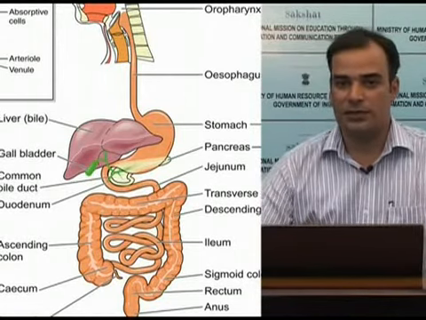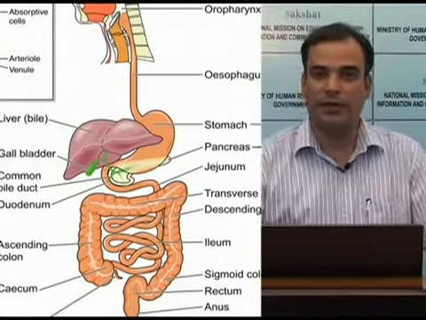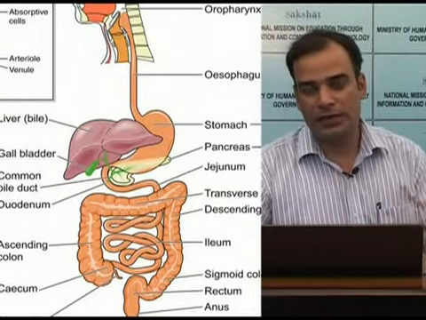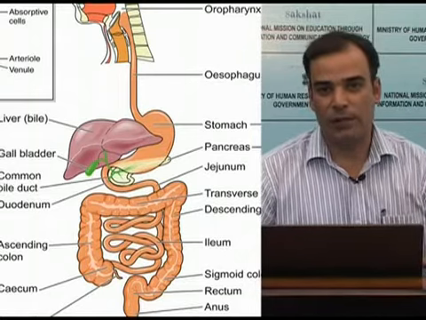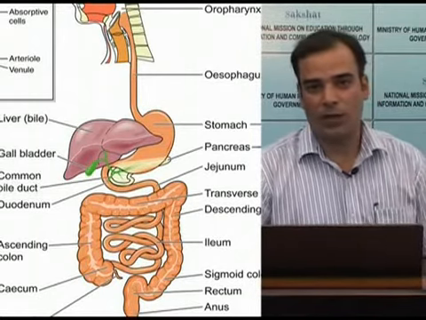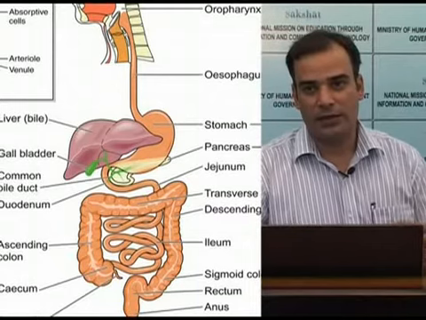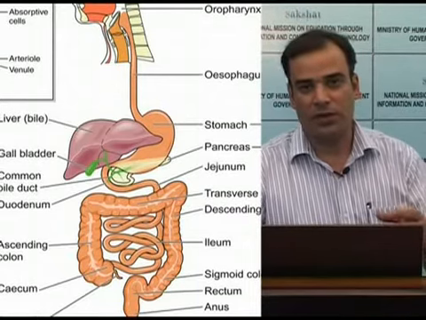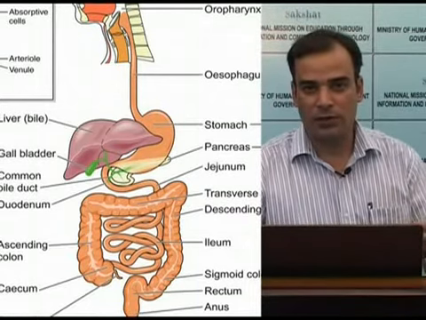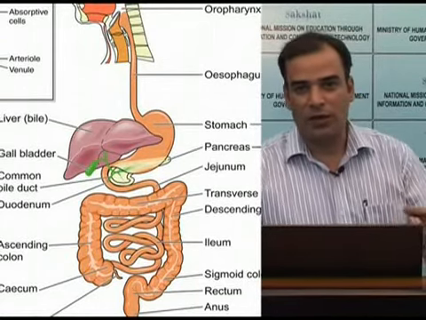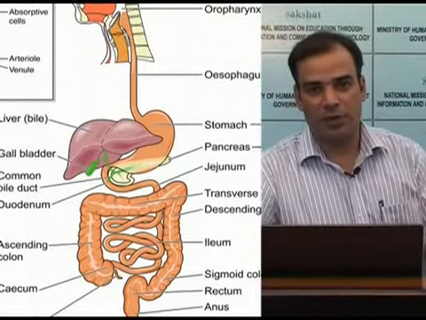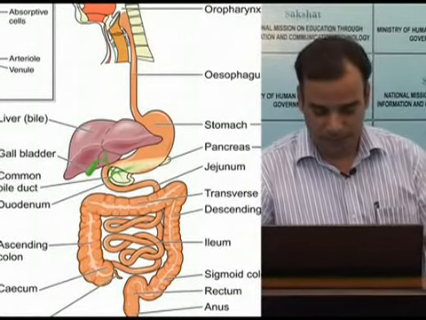At certain places, for example the stomach, where there is a need for the storage of food, this tube is extended into a bag-like structure. What I mean to say is that the digestive system consists of a muscular tube, but this tube is modified at places according to the function which that particular part is assigned.